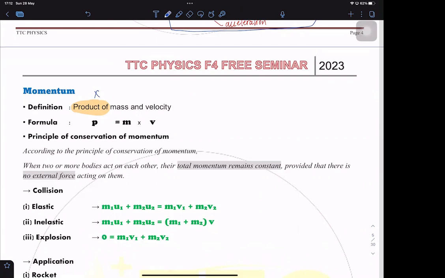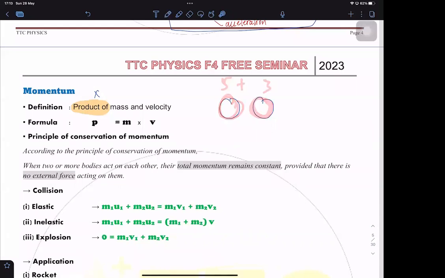So the total momentum must remain the same. Total momentum of what? Okay, so imagine two things. They each have their own momentum. Correct or not? This person's momentum is his mass times velocity. This person's momentum is his mass times velocity. When you add up their momentum together, that is the total momentum. For example, 5 plus 3, that's their total momentum.